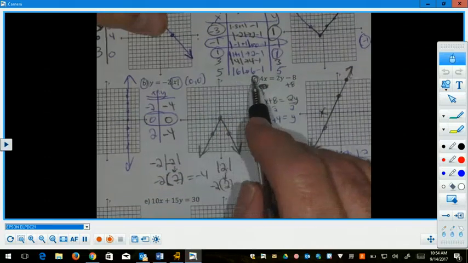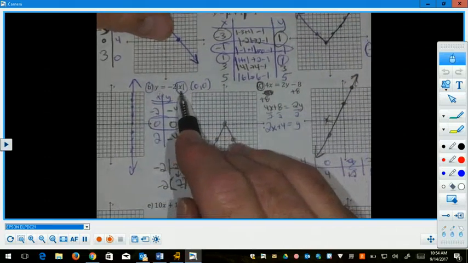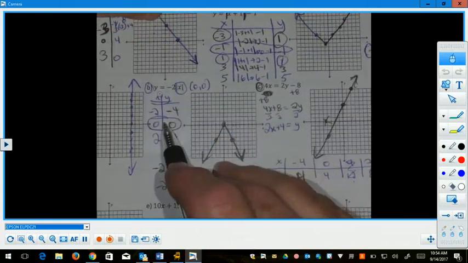This one didn't have a plus or minus. Where is it? Right there. And so it was just 0.